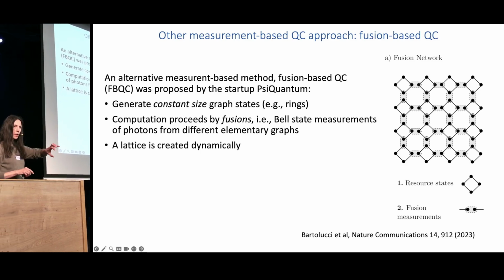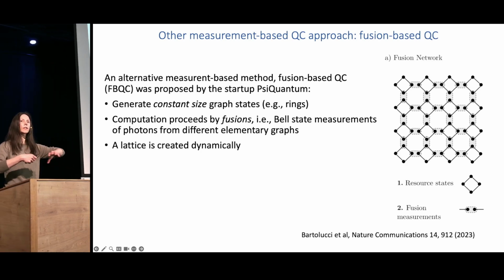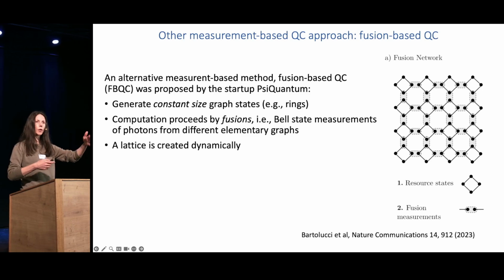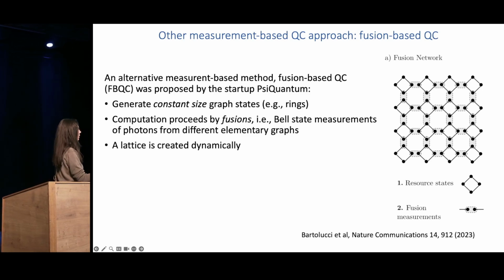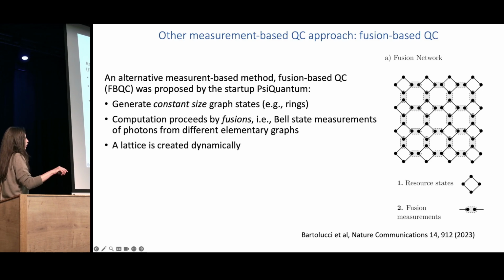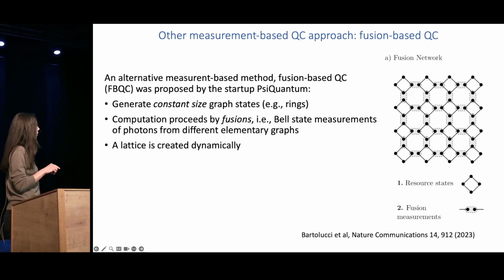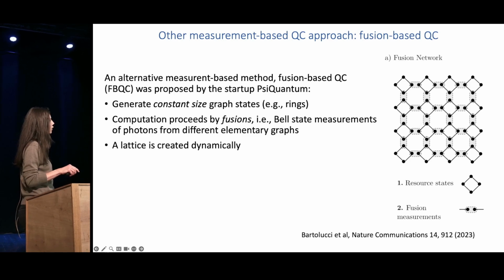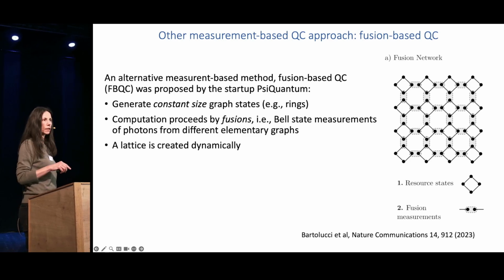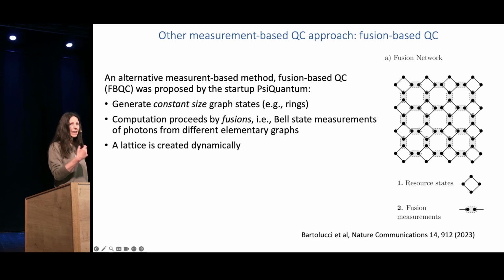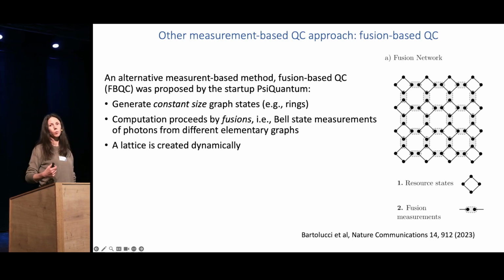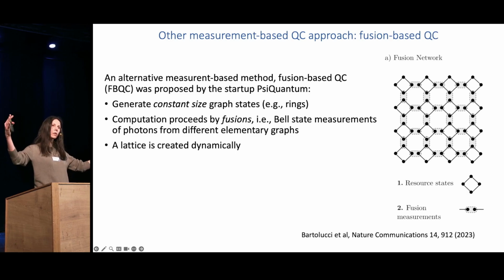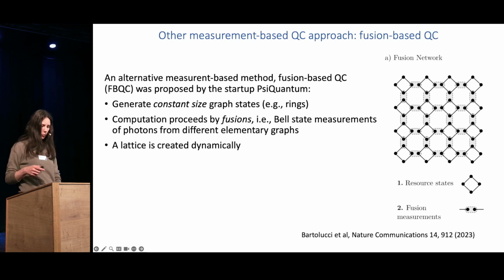And if you make these Bell state measurements correctly, or generalized Bell state measurements, you could bring in parameters through these measurements, you can show that you can run an algorithm equivalently. So what are the differences here? Here, there's a lattice that's created dynamically in time, and there are entangling gates happening during the computation, right? Unlike the cluster state case where you create all the entanglement up front.